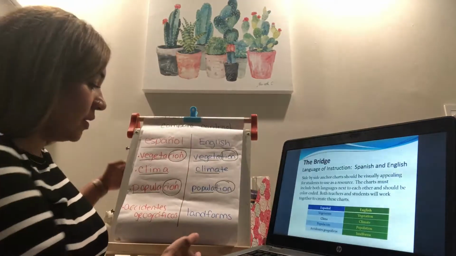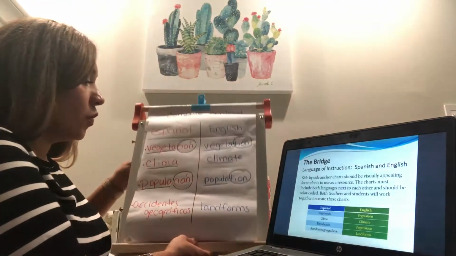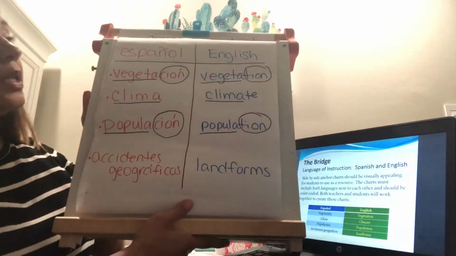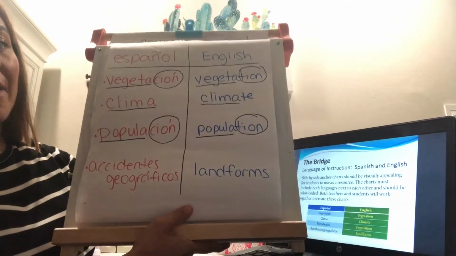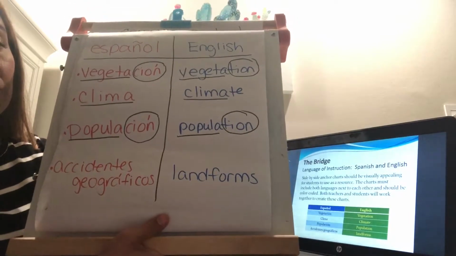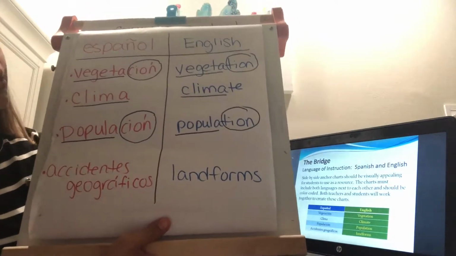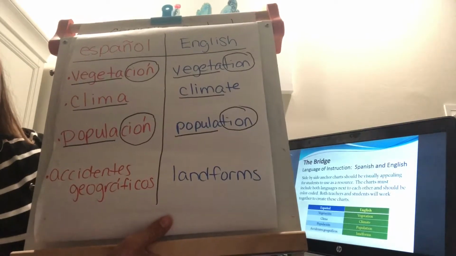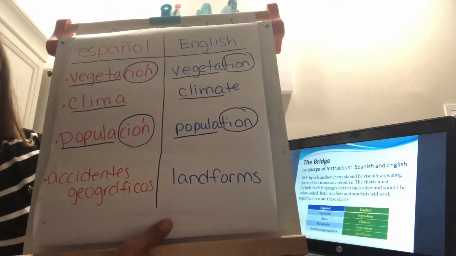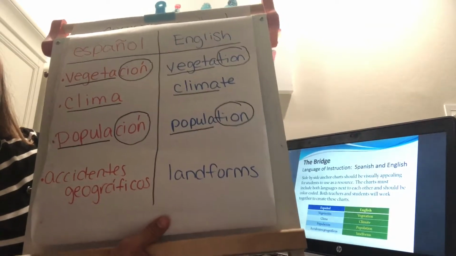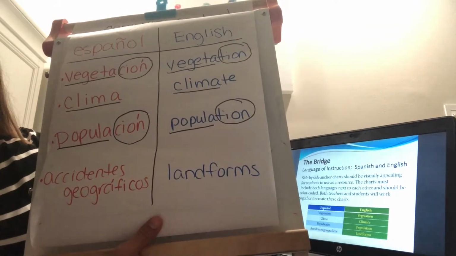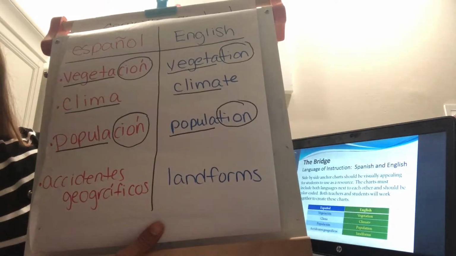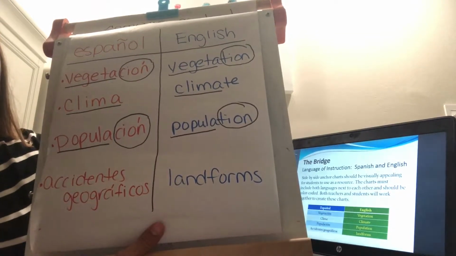So I have another example here, which is basically a form of anchor chart. In this case, we are looking at the Spanish and English words. If you take a close look, for example, I have the word vegetación, and then I have the word vegetation next to it. What I've done is underline what is similar and circle the endings that correspond from Spanish to English.